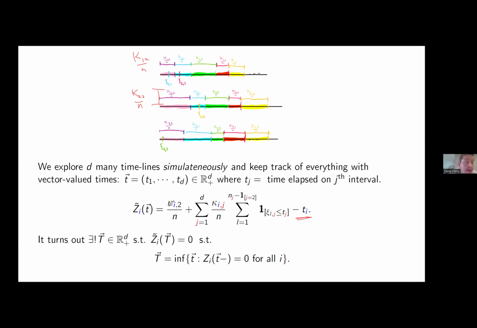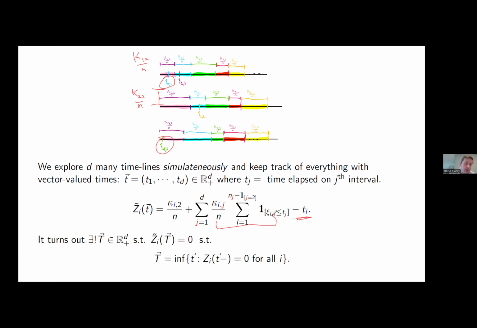But then over these intervals, we've discovered new vertices, and that causes jumps of the summation. So we have to elapse more time. And since everything in the setting is finite, you can essentially do an induction argument to show that at some point you have to hit 0.